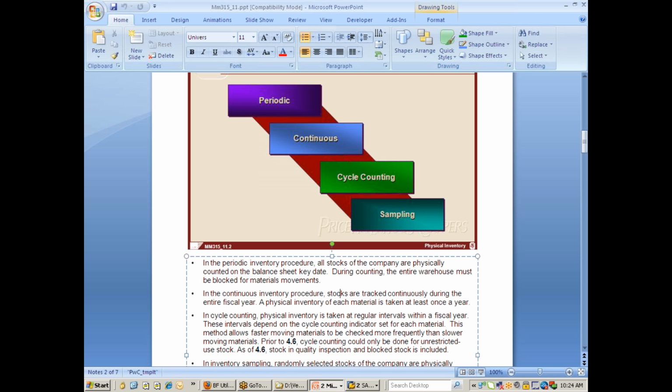Assume you procure them in the form of boxes. Each box contains 100 pieces. Assume in one lot you have procured 100 boxes. 100 boxes means 100 multiplied by 100, so 10,000 soaps should be there in your stores.